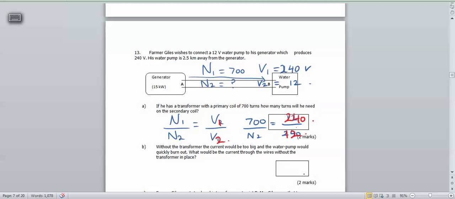So therefore, N2, 240 over 12 is 20. 700 divided by 20 is, so therefore the number of coils is going to be 700 divided by 20, which is equal to 35.